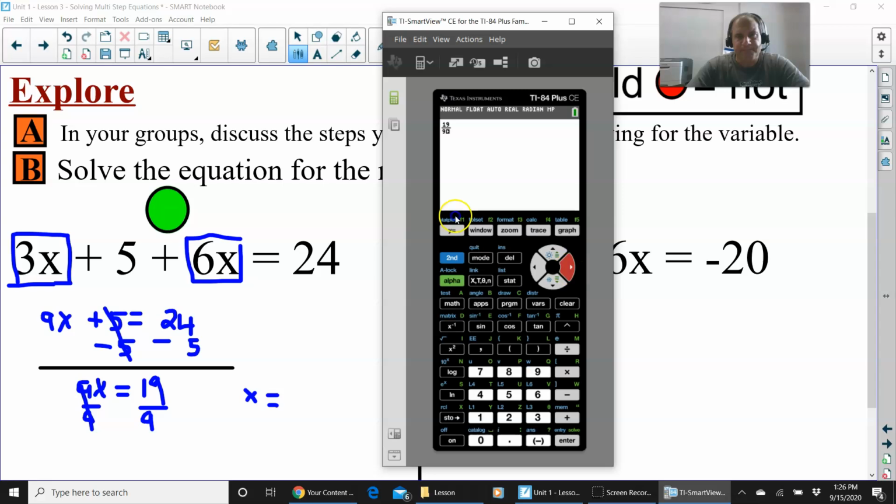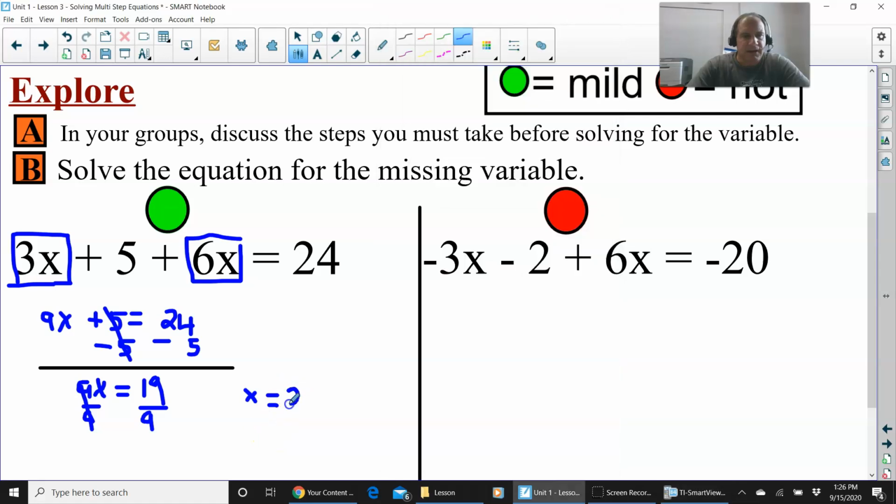Now, enter. It's going to give me the same thing. I can press math and go down to 2 and then press enter. And I have 2.1, with a line on top, which means that the fraction goes on forever in that way.